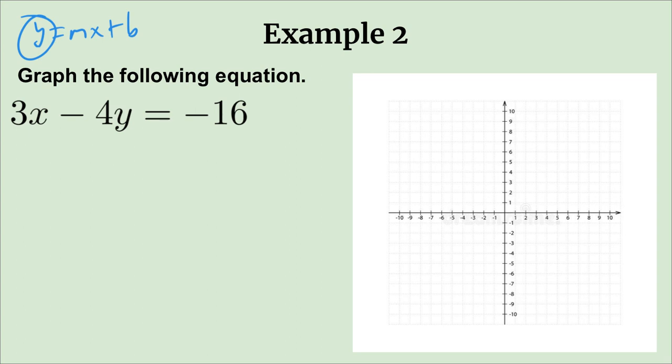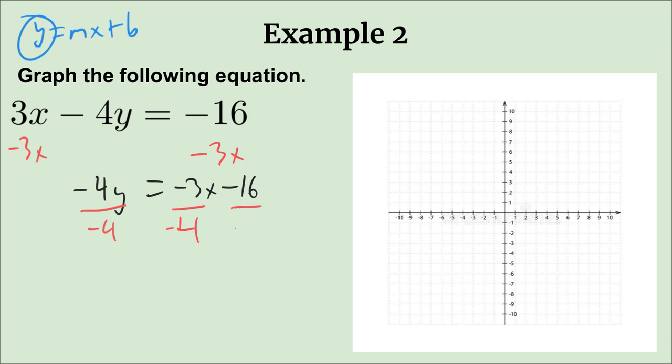So we're going to start by subtracting 3x from both sides. And we get -4y equals -3x minus 16. And then we'll divide everything by -4. We get y equals 3/4 x plus 4.